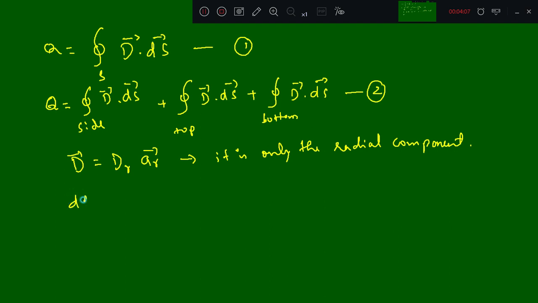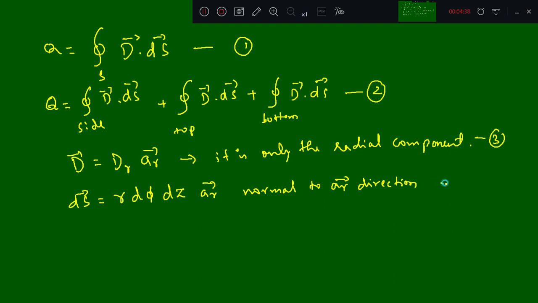For a cylinder, dS is equal to r d phi dz into aR, which is normal in the aR direction. So this also we know. You can call these equation number 3 and equation number 4.